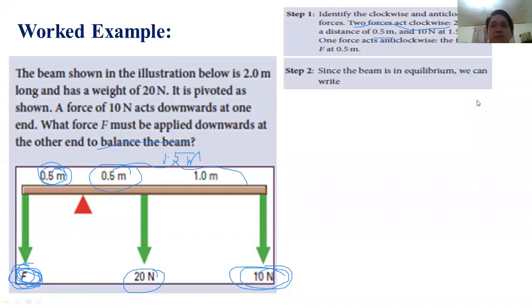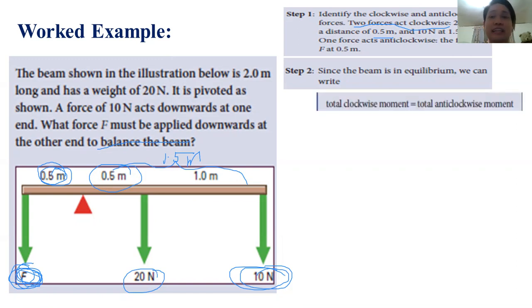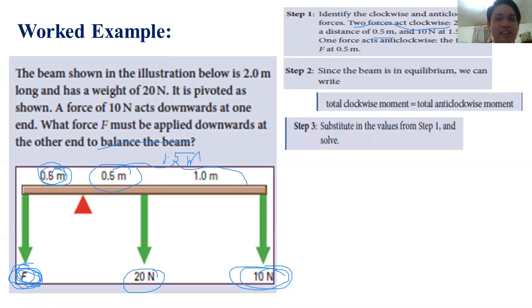Step number 2: after we identify the forces that act clockwise and anti-clockwise, since the beam is in equilibrium, as posted on the problem, we can write the formula as total clockwise moment is equal to total anti-clockwise moment. Can you follow? Next, we substitute the values that we have from step number 1 and solve.